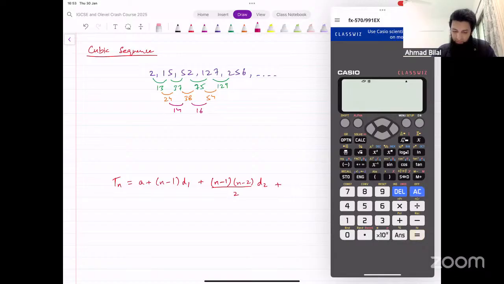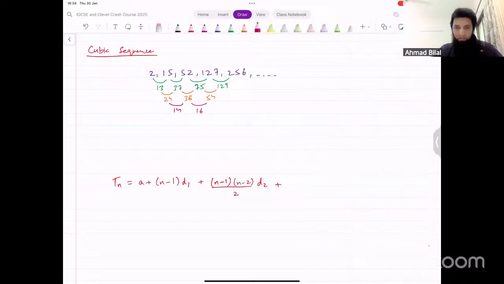The next one was also fine. 37 minus 13, let's use the calculator. Okay, yeah, that's fine. 24. 75 minus 37, that is 38. 129 minus 75, 54. 38 minus 24, that's 14. And 54 minus 38, that is 16.